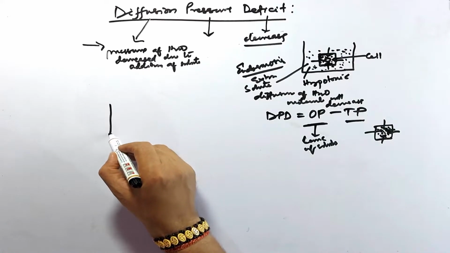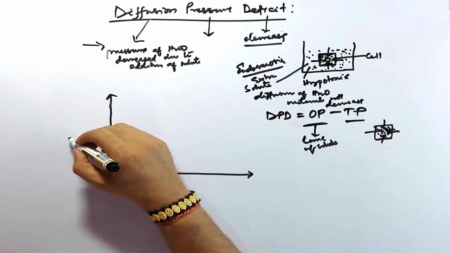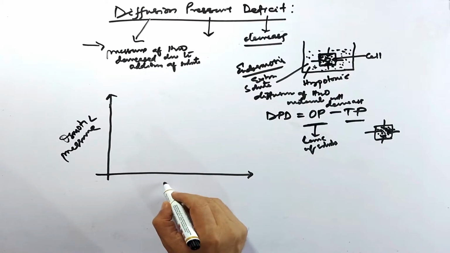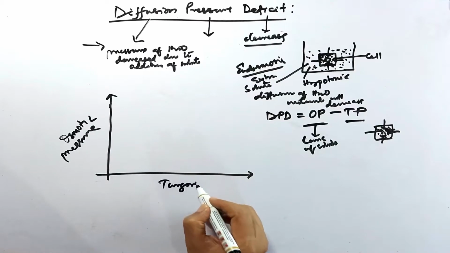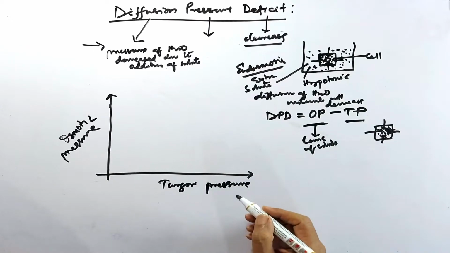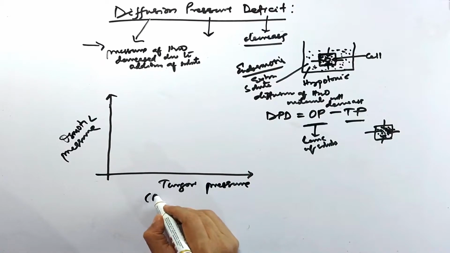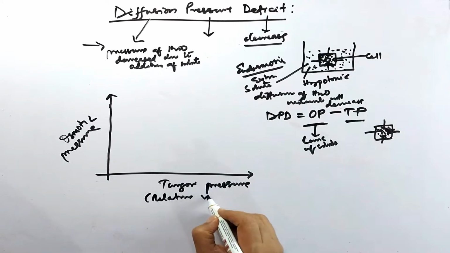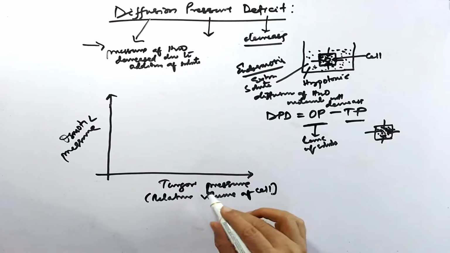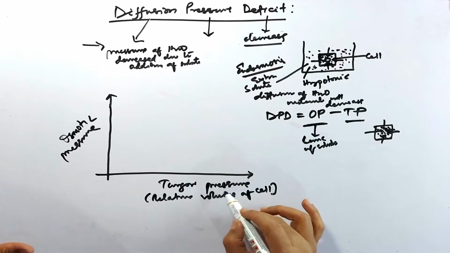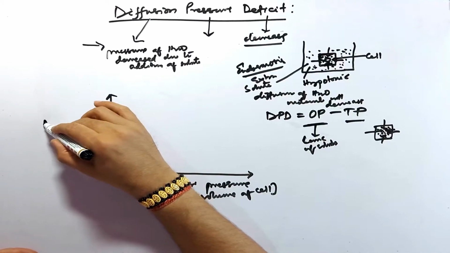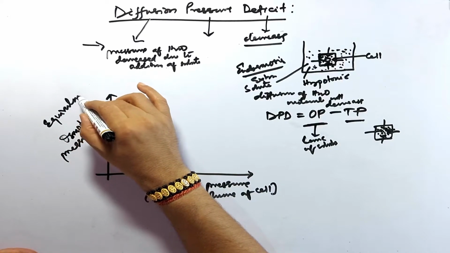So we can draw a graph here. We write osmotic pressure and turgor pressure, or relative volume of the cell, because when endoosmosis occurs, turgor pressure increases. Here we write equivalent pressure.